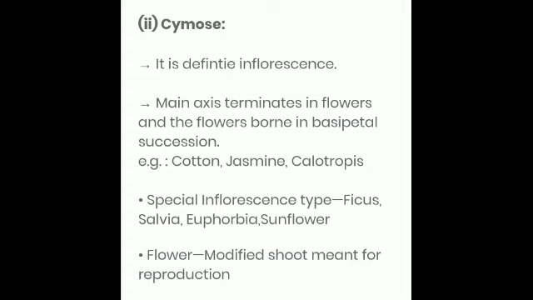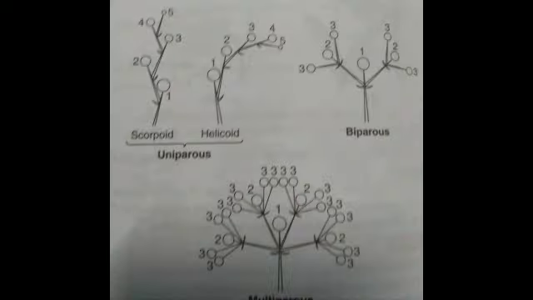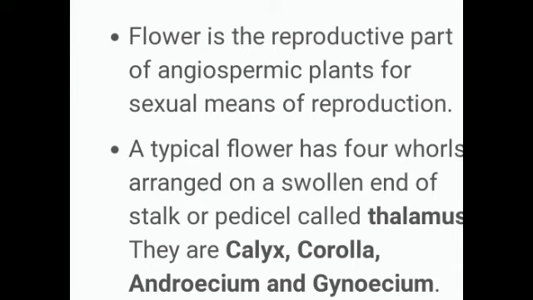In cymose the first flower grows at the apex, and after that the next flowers are found on the lateral branches produced below it. It may be uniparous, biparous or multiparous. Uni means single lateral branch, biparous means two lateral branches, and multiparous means more than two lateral branches, each ending in a flower.